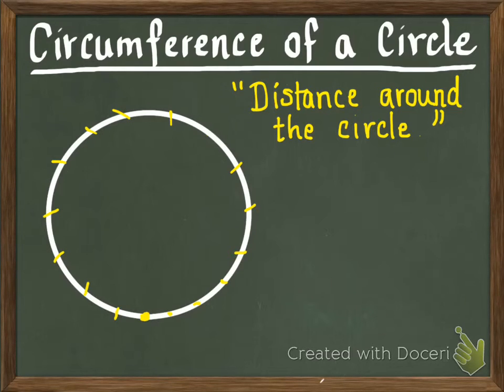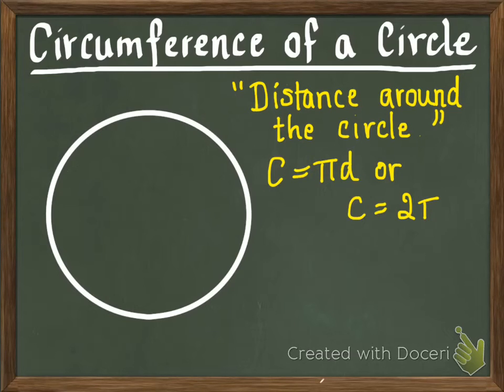You can think of circumference similar to the perimeter of a rectangle or a square that you have learned before. To find the circumference of a circle, we use the formula C is equal to pi times d, or C is equal to 2 times pi times r.